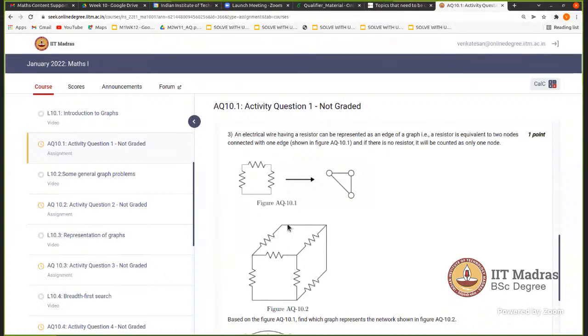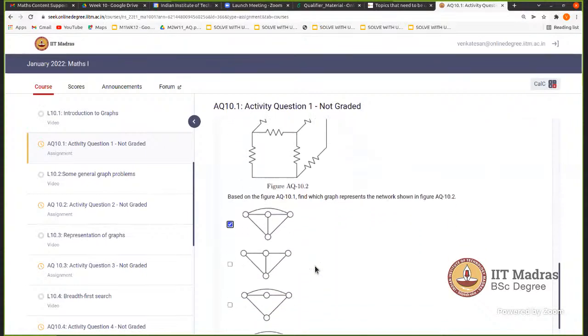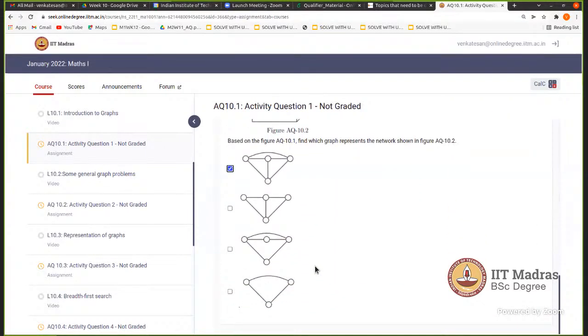These are all connected through a wire, and this particular thing will become a node. Here also this will be a node, and these 3 resistors are connected to this node. So there will be 4 nodes, 6 edges. From the edges itself, it is sufficient. The rest of the 3 options will be ruled out directly.